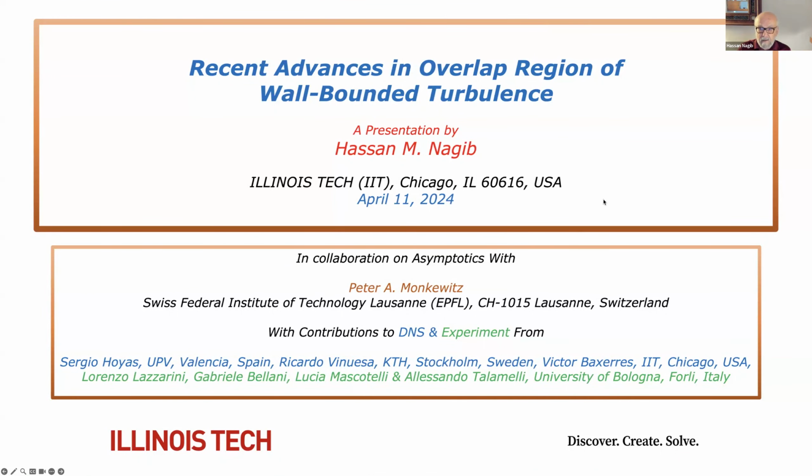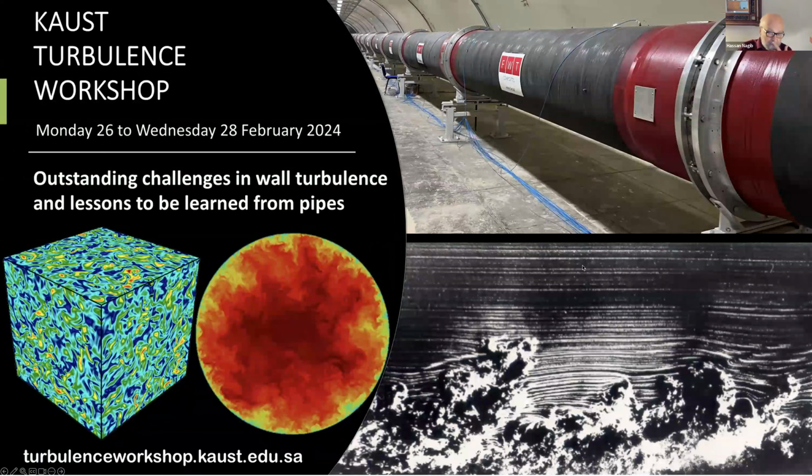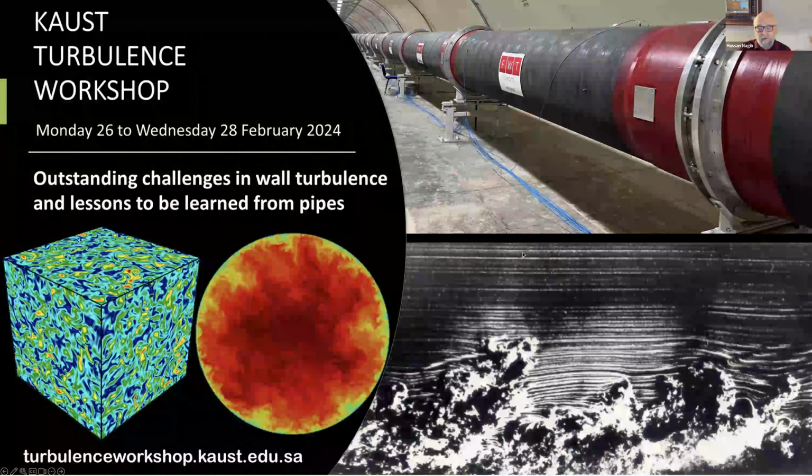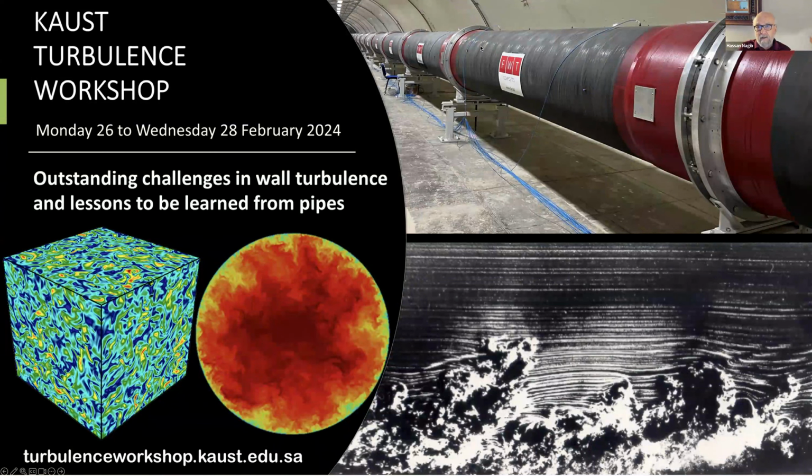Let me then go to the next slide, which kind of motivates why I put this figure together. I'll tell you a little bit more, but this is the pipe at the University of Bologna in Forlì. And I'll justify why it's about 1 meter in diameter and about 130 meters long. I will talk about boundary layers.